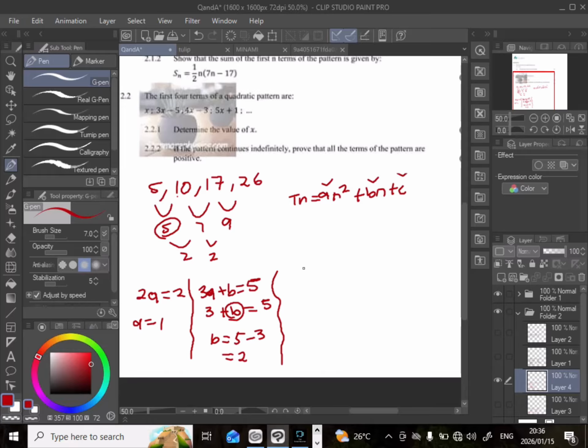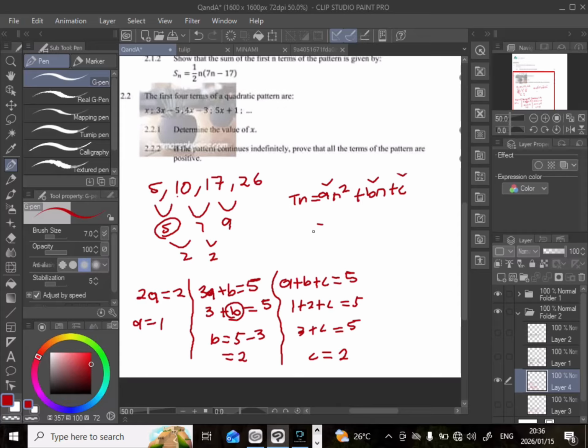Now for c, a plus b plus c equals the first number in the original sequence, which is 5. So 1 plus 2 plus c equals 5. It will be 3 plus c equals 5, then c equals 2.